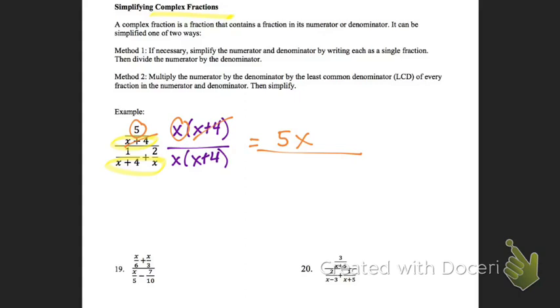On the bottom denominator, I'm going to look at each fraction individually. The x plus 4s will cancel here, and I'm just left with 1x. But the x's will cancel here, and I'm left with 2x plus 4.